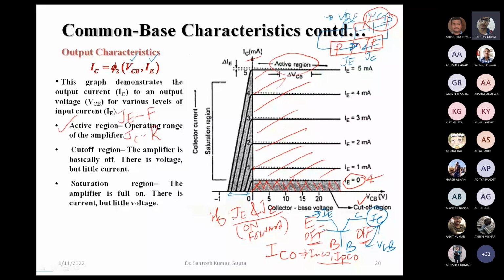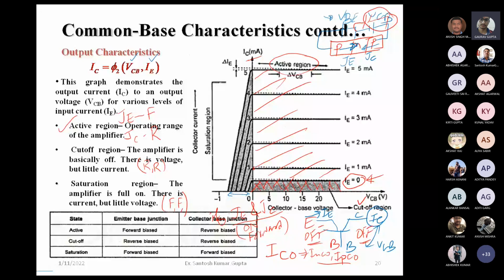In the cutoff region, both are reverse biased, whereas in the saturation region, both are forward biased. The below table summarizes the different states of the emitter base and collector base junctions.